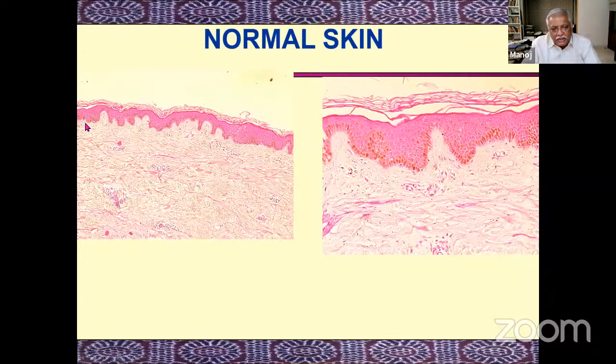So you have this interplay. You have these pegs and you have these spaces. These pegs are actually not pegs. It's a peg only in a 2D section. Actually, it's a 3-dimensional structure. So this is known as a rete ridge, R-E-T-E, rete ridge.